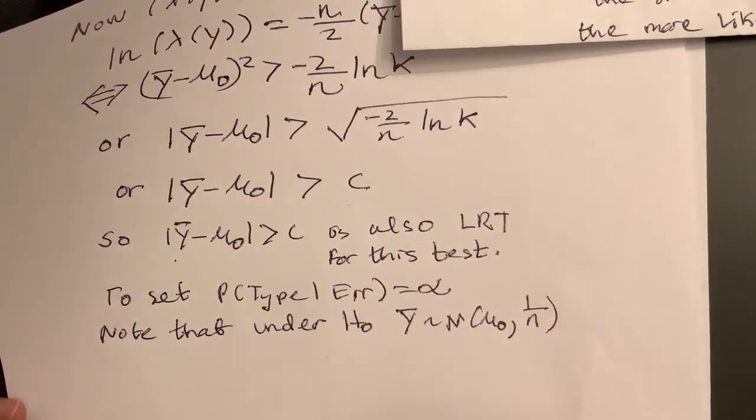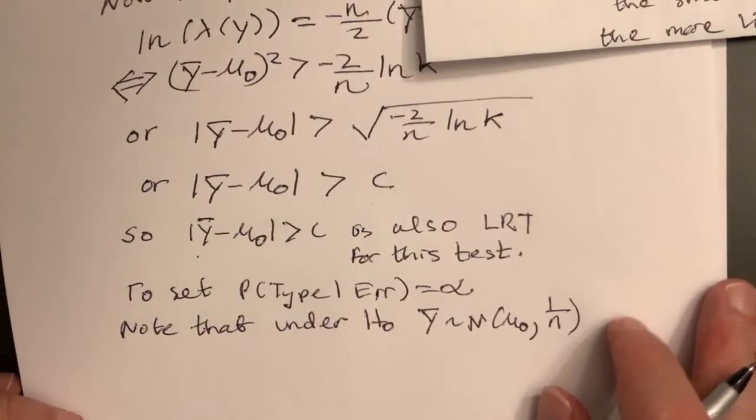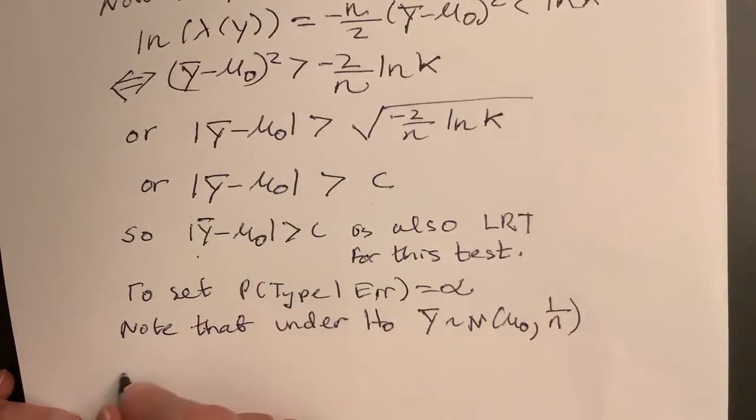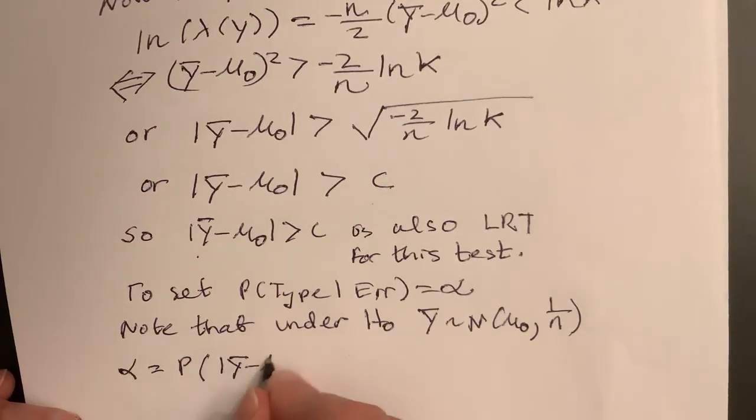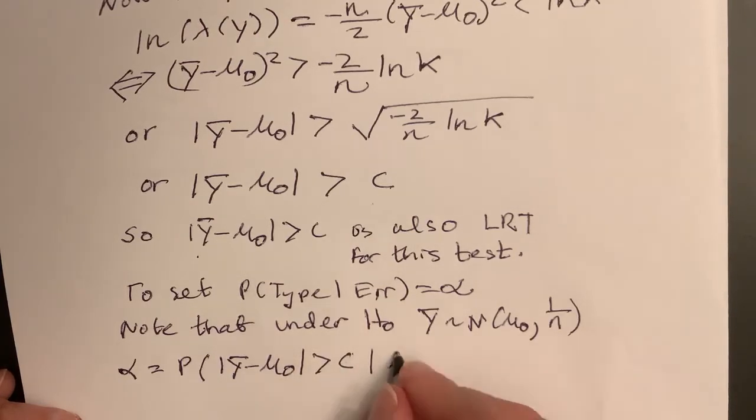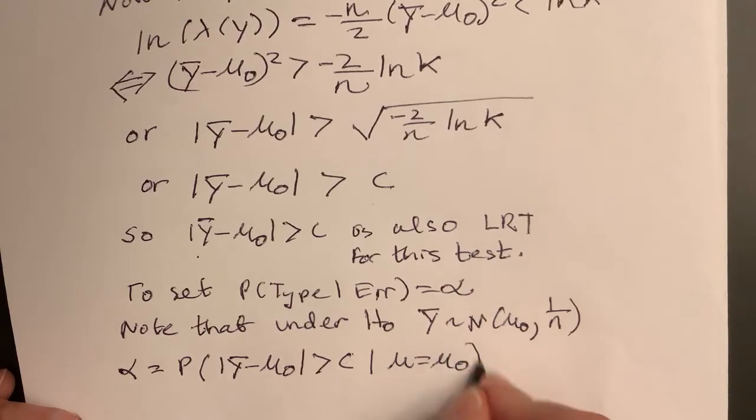So we reject, and remember alpha should be equal to the probability we reject, so the probability that the absolute value of y bar minus mu 0 is greater than c, given mu equals mu 0.